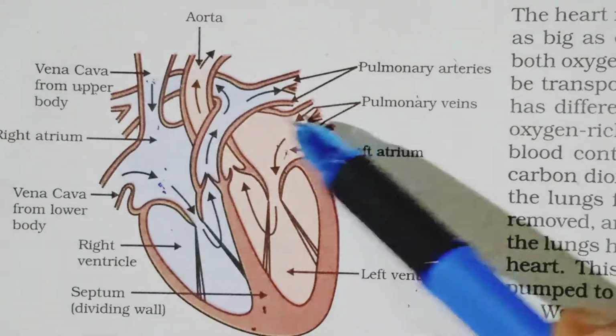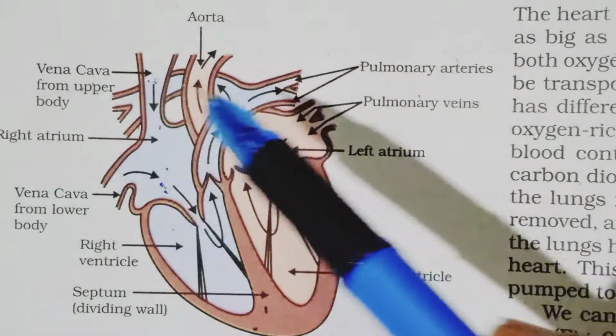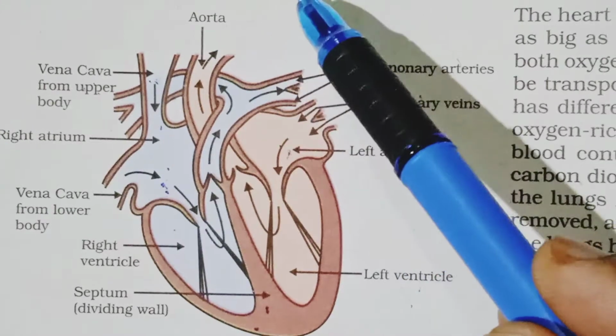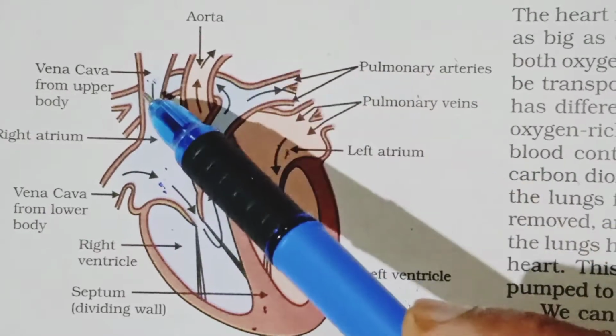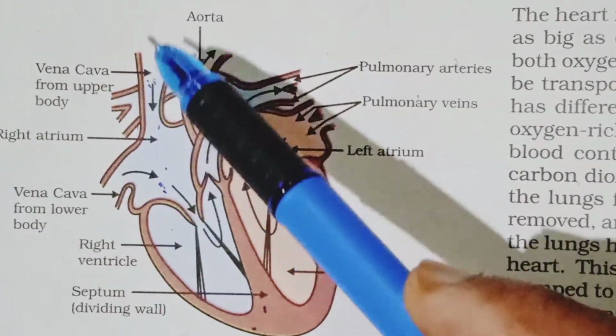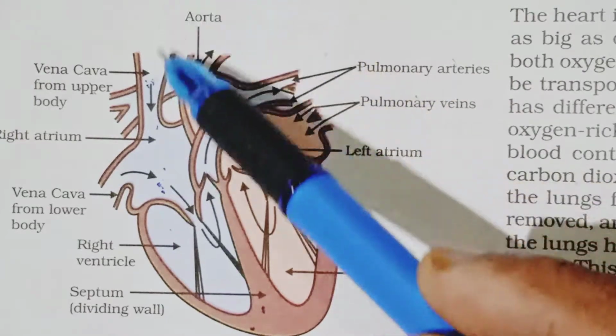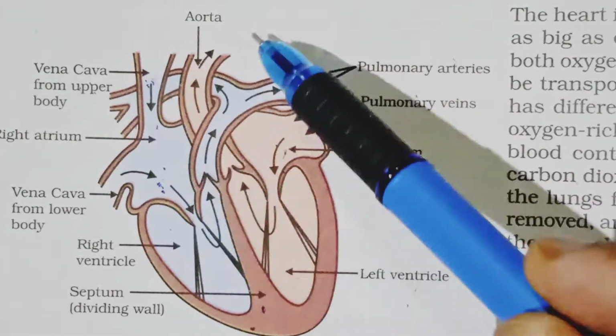So when you talk about the heart, this is connected to the lungs, because the lungs help in oxygenation of the blood. Now this vena cava, the largest vein, carries the impure blood or the deoxygenated blood from all the parts of the body.